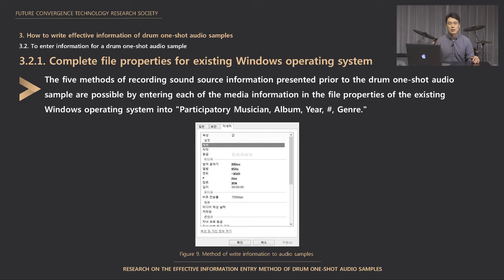Figure 9 is an example of filling in the drum audio sample information by the method presented above. This information allows users to predict approximate tone without having to listen to sound sources, and easily sort out similar sound sources by arranging files based on that information.